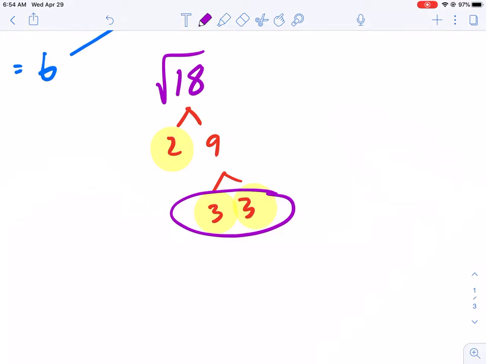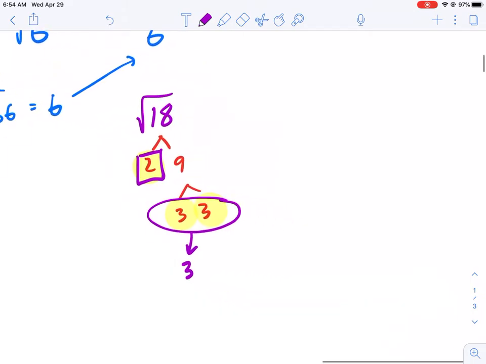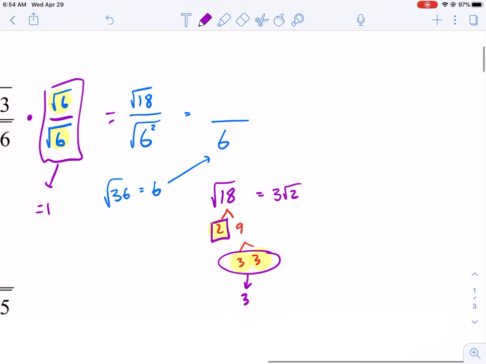So anytime you see 2 identical factors in square roots, one of these is going to leave the radical, one is going to stay inside the radical. I like to say, if you have a date, you get to leave the house, but if not, you have to stay home. So what does that look like? That means 1 three will leave the house, the 2 will stay home, and that is the simplified form. So we have 3 radical 2.